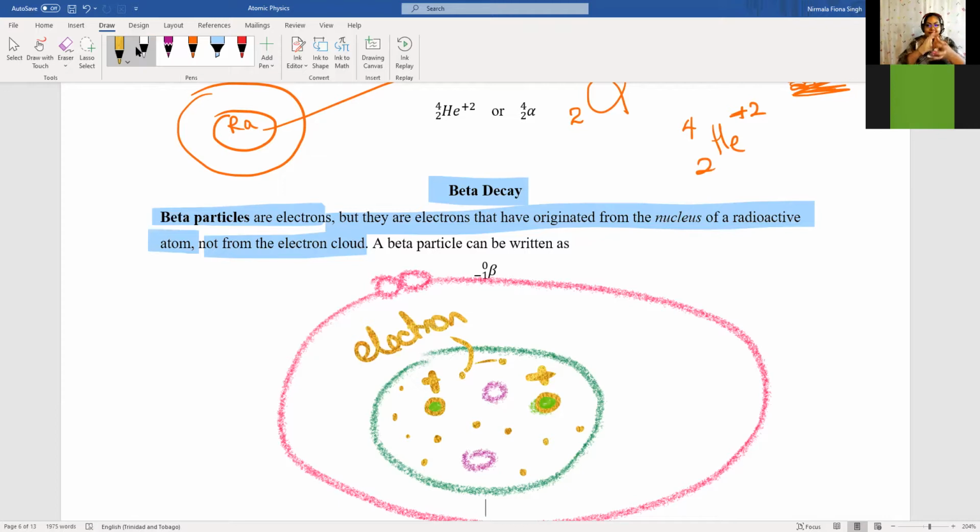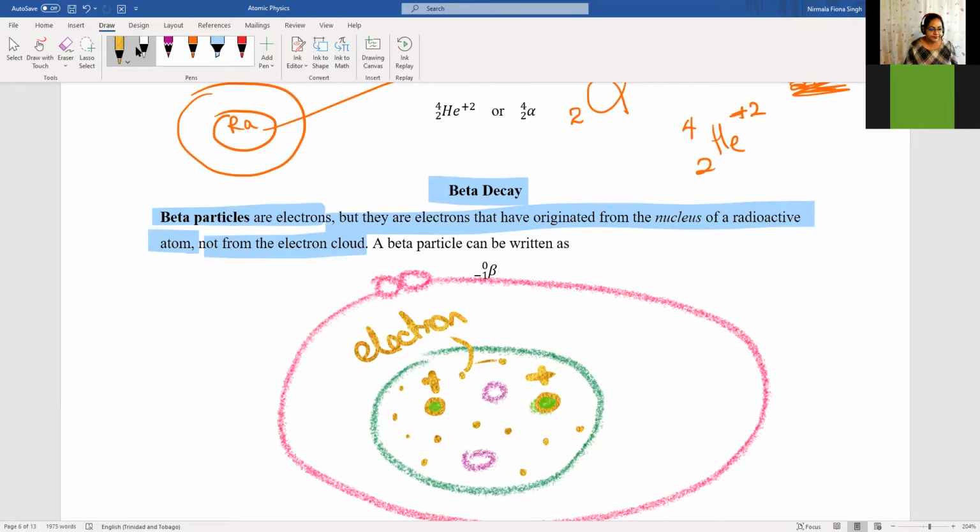Because it's contained in the nucleus itself, and it's not involved in any of the bonding or chemical reactions, we don't really consider it. But there are negatively charged tiny things in the nucleus that carry a lot of energy that can be emitted during radioactive decay.